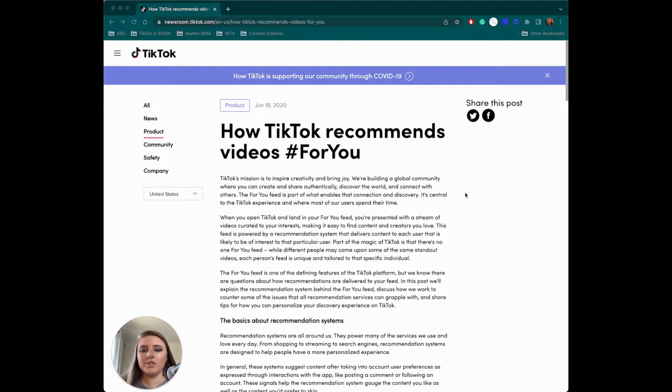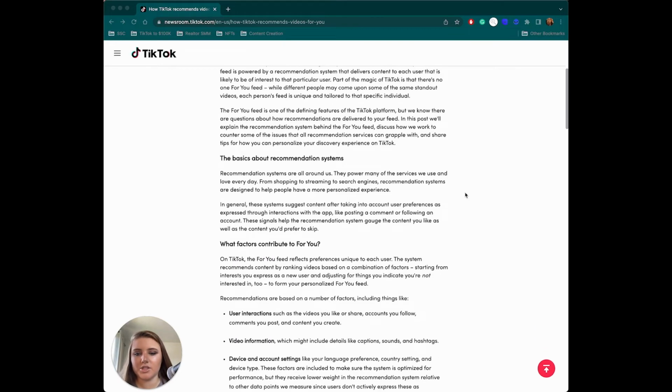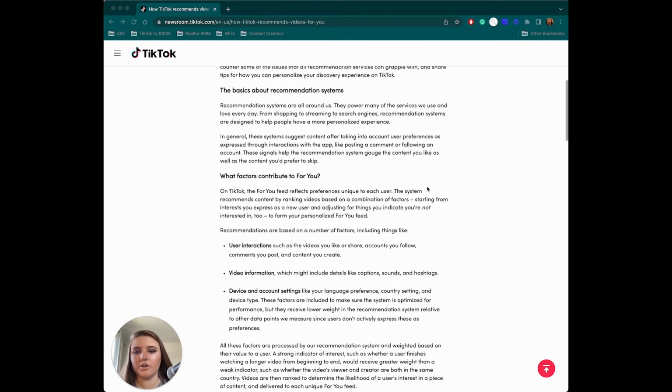So let's jump into this article and go over what TikTok's talking about here, how they explain their algorithm, and what you should know as a brand in order to succeed on TikTok. So, the basics about the recommendation system. They're taking into account user preference as expressed through interactions on the app, like posting a comment or following an account.